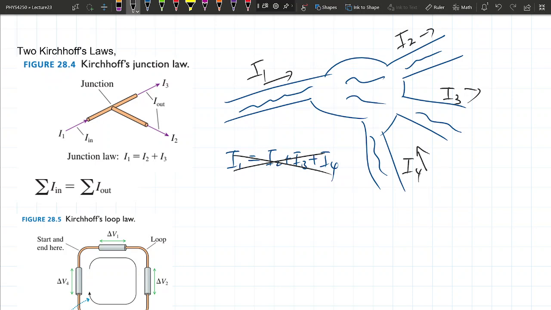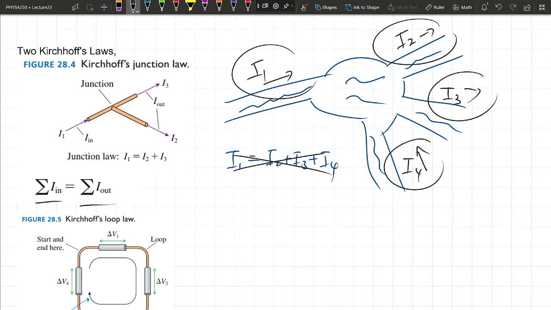So in order to obey Kirchhoff's junction law, the amount flowing in is I1 and I4, and the ones going out are I2 and I3. Therefore, I1 plus I4 equals I2 plus I3. Notice there's a slight difference between these two equations. Depending on which direction you define your current to be, it changes whether it goes on the left side of the equation or the right side.